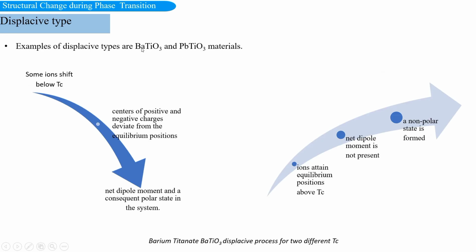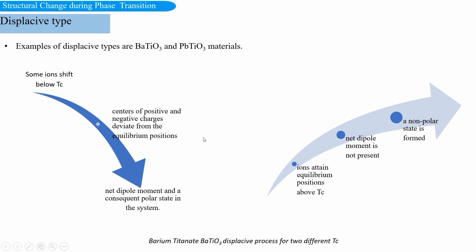These are for barium titanate. For barium titanate, we have the Curie temperature, Tc. When the temperature is below the Curie temperature, the barium titanate's ions will start to shift. When the ions start to shift, the centers of positive and negative charges deviate from the equilibrium position.